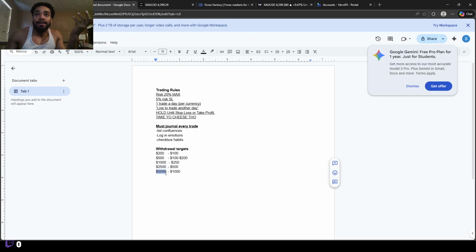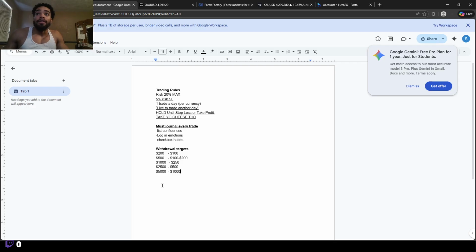At $5K, we'll complete the challenge, we'll complete our main goal, and I think it would be fair to withdraw $1,000 from that point, and we'll have another $4,000 to keep trading with, which we'll see. Maybe I'll withdraw the whole 5K, whatever I decide. But we're going to look to withdraw $1,000 at that point once we complete that goal.